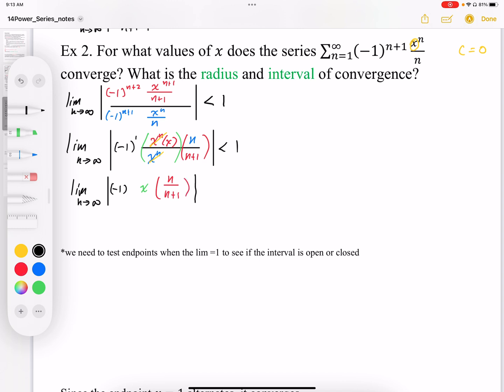Okay, so now I'm going to have to evaluate my limit, and n over n plus 1 as n goes to infinity just equals 1. So I end up with that x term, this becomes 1, the absolute value makes that -1 not relevant, so I have this situation here, where absolute value of x has to be less than 1.